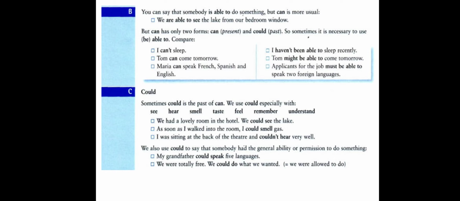Otherwise, we can't say I haven't could. No, it is incorrect. So we change can into be able to, and be in the past participle, the third form of the verb, becomes been, so the sentence becomes like this: I haven't been able to sleep recently.